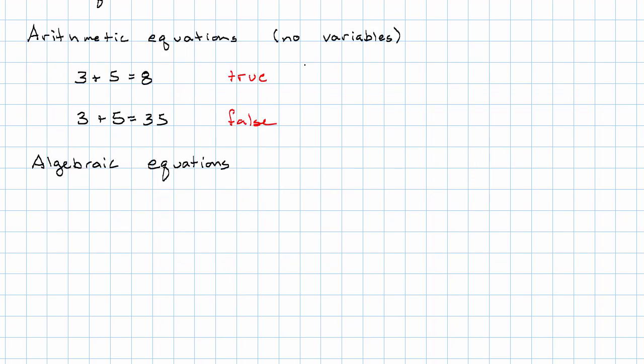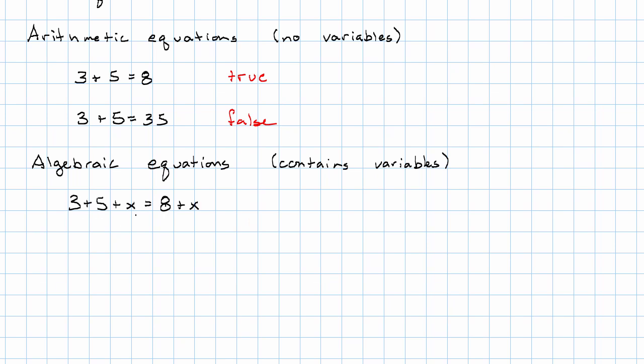An algebraic equation contains variables. And where arithmetic equations only came in 2 types, algebraic equations come in 3 types. We might have an algebraic equation that's true no matter what.